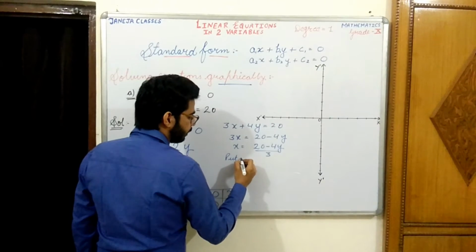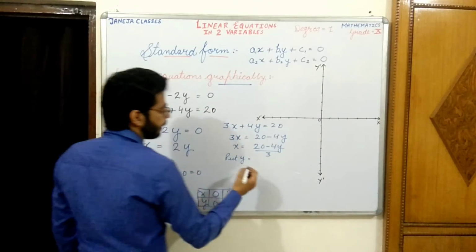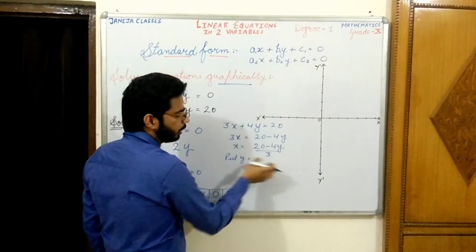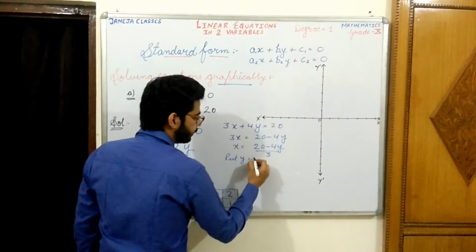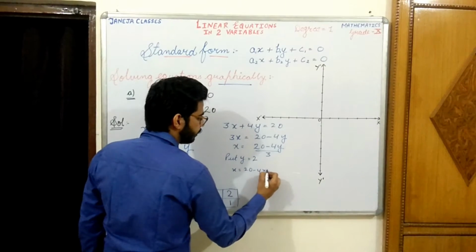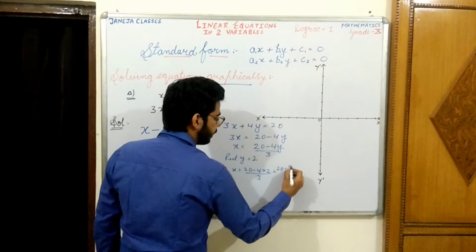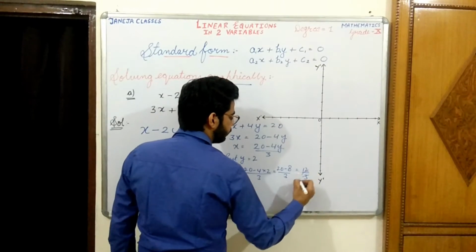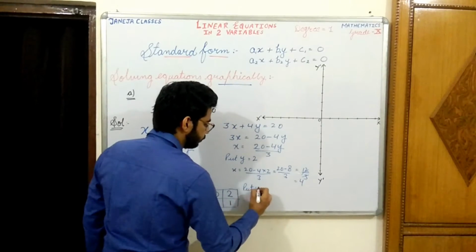Put y is equals to, we can take, so I am taking that number so that it will be divisible by 3. So for now I am taking y is equal to 2. So x is equal to 20 minus 4 multiplied 2 upon 3. It will be equals to 20 minus 8 upon 3 is equals to 12 by 3, and it will be equals to 4.